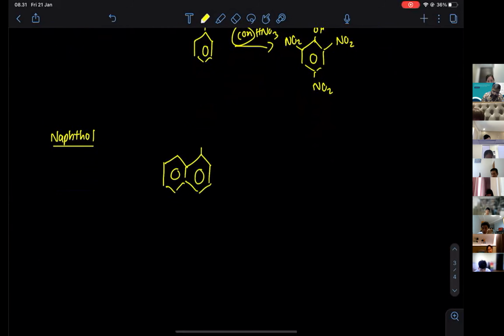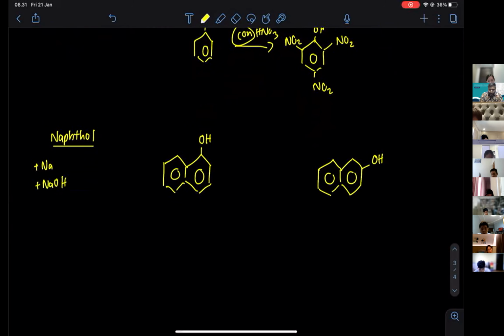This is 1 naphthol, and this is 2 naphthol. Of course, the reaction with sodium and sodium hydroxide, you can do. I think our concern is going to be more towards reaction with Br2, for example.